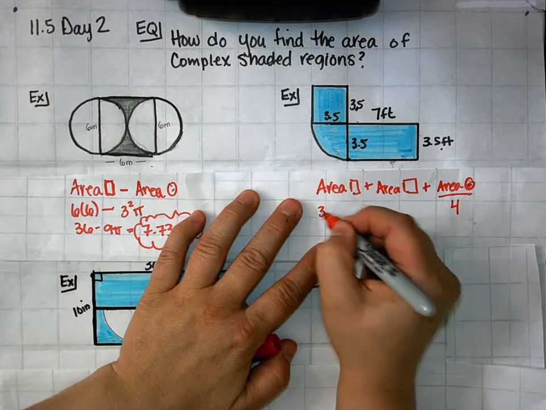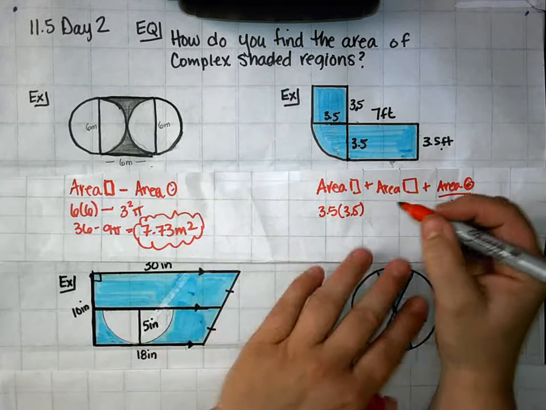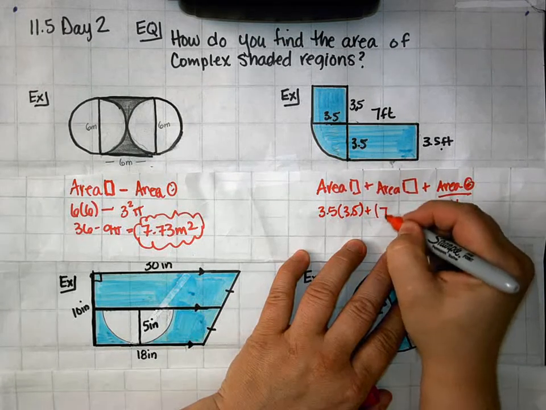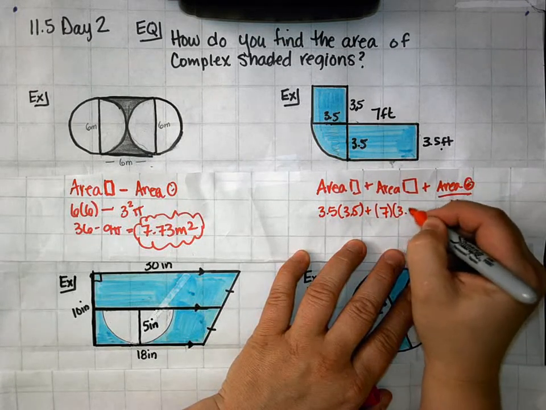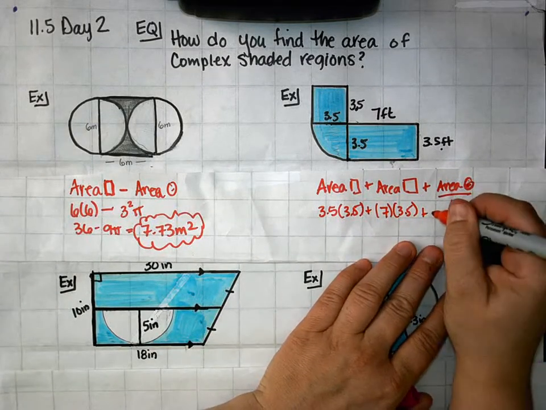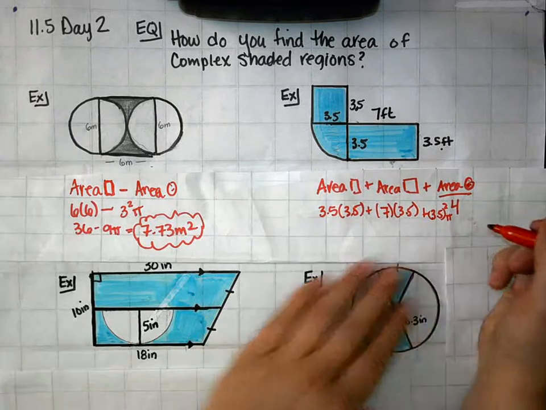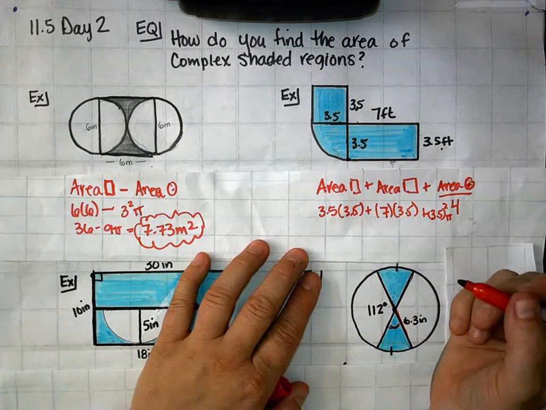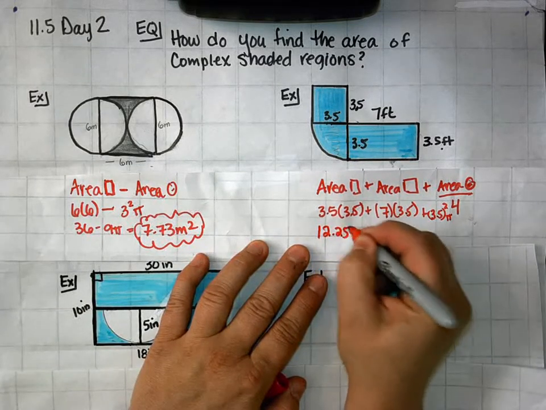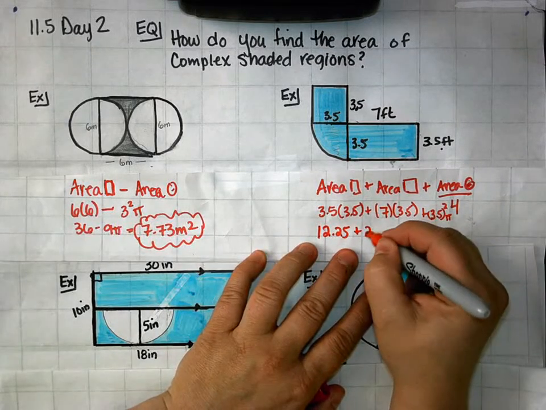The area of the square is going to be 3.5 times 3.5, base times height. The area of the rectangle is going to be, the base is 7 and the height is 3.5. And the area of the circle is going to be 3.5 squared times pi. When I go back to my calculator and plug this in, 3.5 times 3.5 is 12.25. 7 times 3.5 is 24.5.